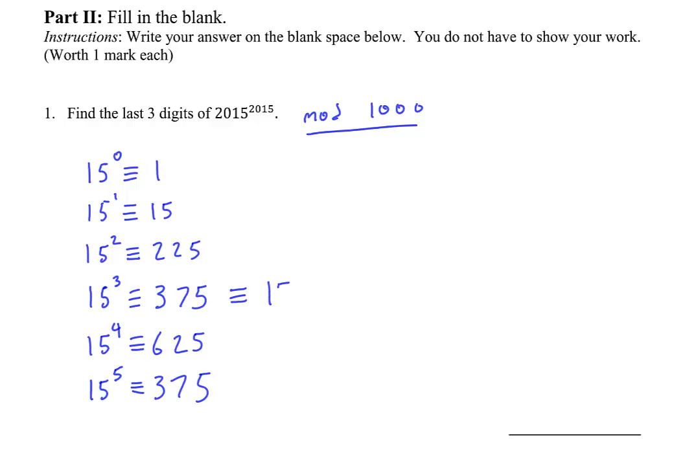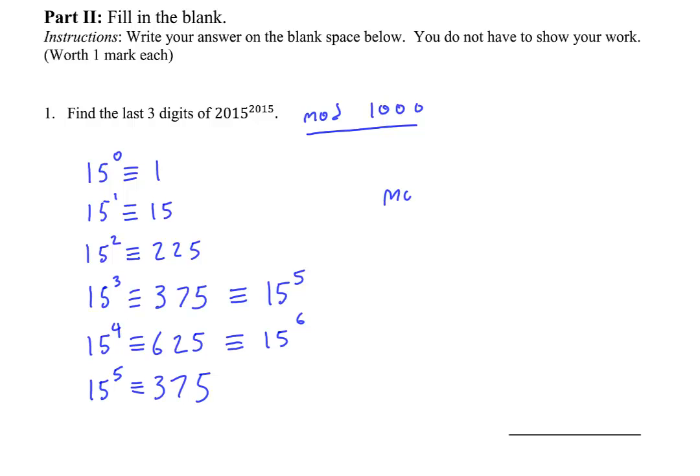So 15 to the power of 5 is also 375, and that means that 15 to the power of 6 is also 625. So as we go along, we want the 2015th power. So let's notice that our pattern is of size 2. Right? There's two things in our pattern.